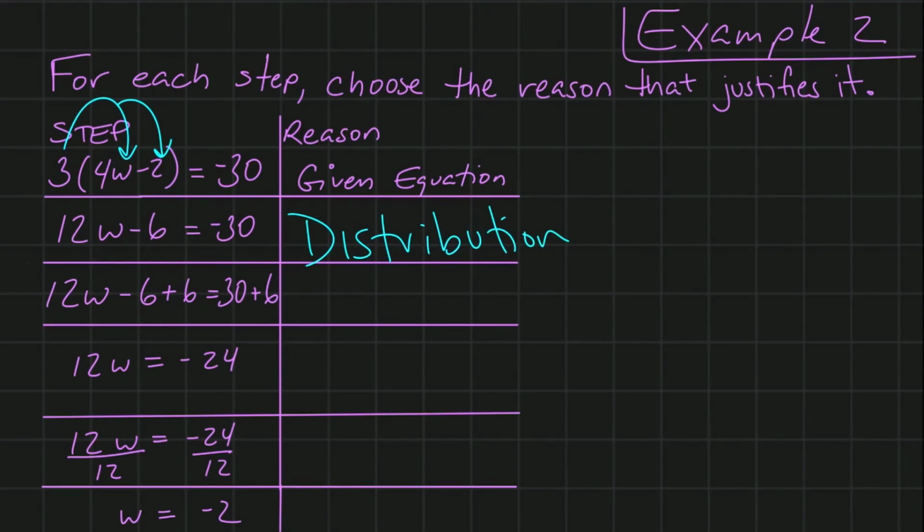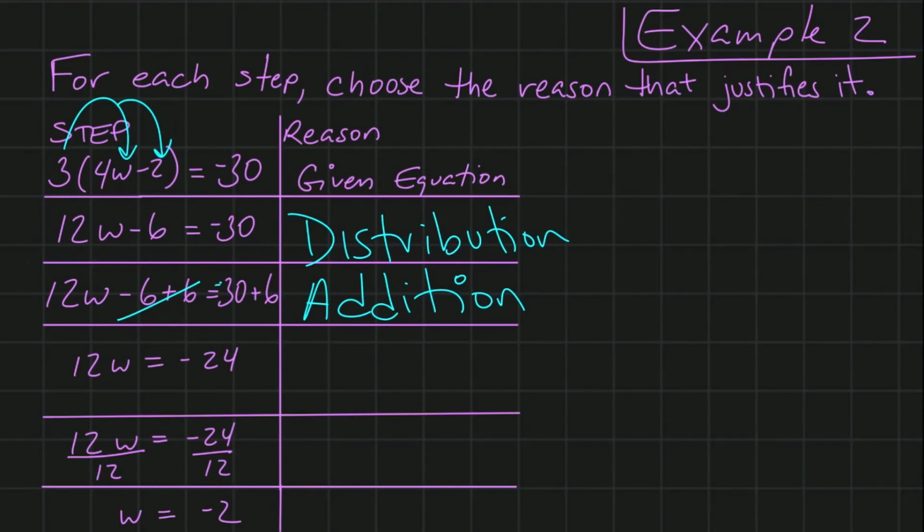The next step after that, we see that we added 6 to both sides. That's going to be the additive property, so addition. The next step after that, after we've simplified, we got our number down to a negative 24. Also, look at that, it's supposed to be a negative right there.